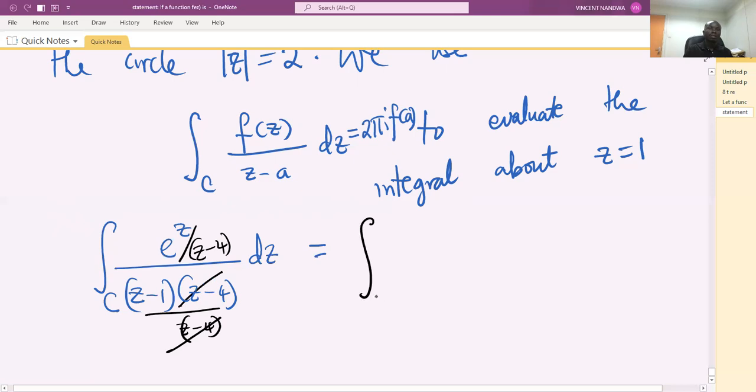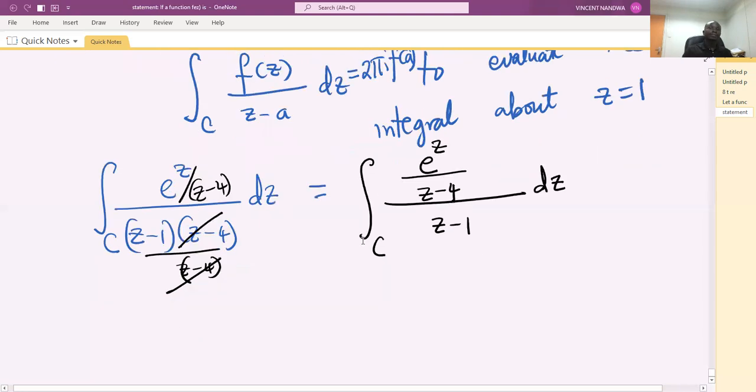So we'll have the integral along C of e raised to the power z over (z minus 4), divided by (z minus 1) dz. This is the same as the original integral when you simplify it.